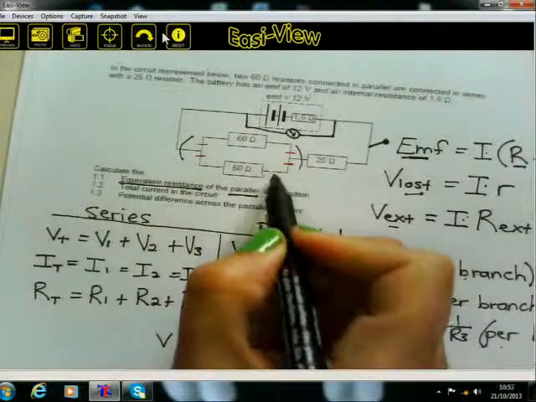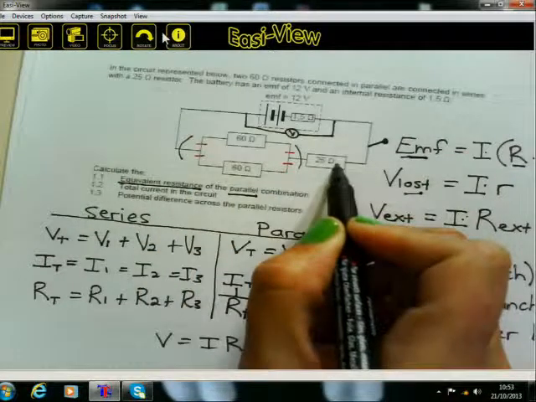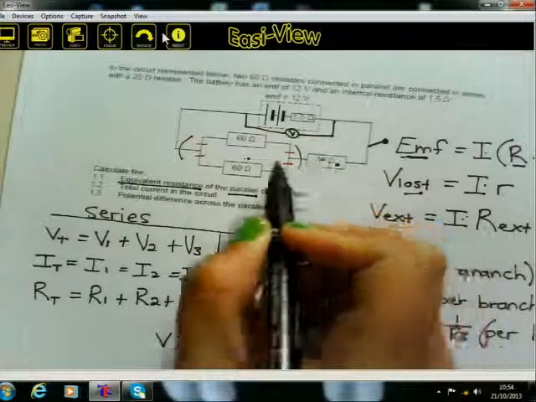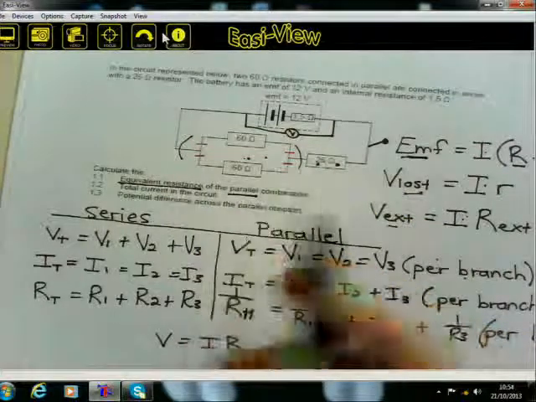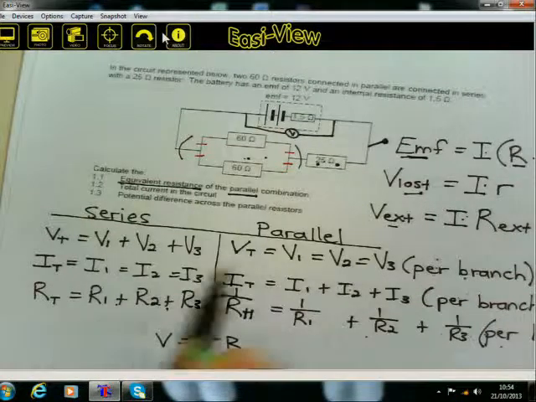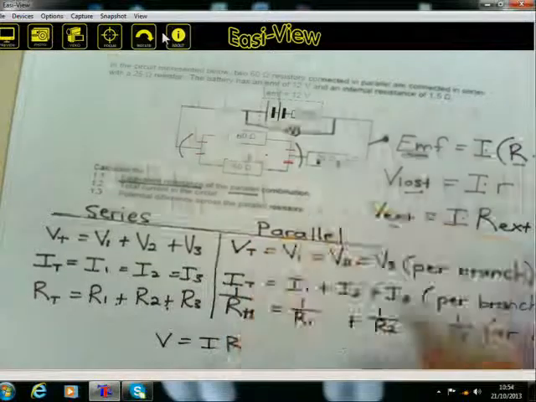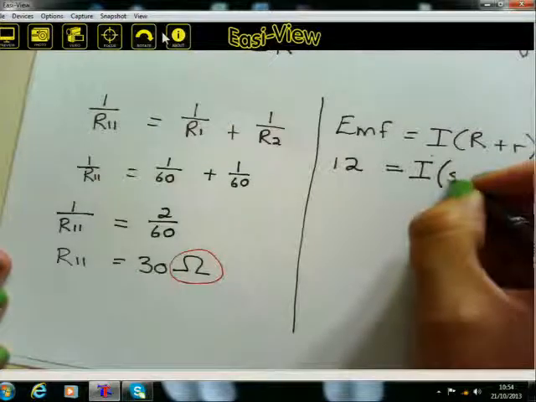No, because we have a parallel part, but we also have this part that's in series with this part. So we're going to add these two together, because what is our rule for resistance in series? Add them together, addition. So we're going to take the 30 from the parallel plus the 25 from the series, and that is 55.